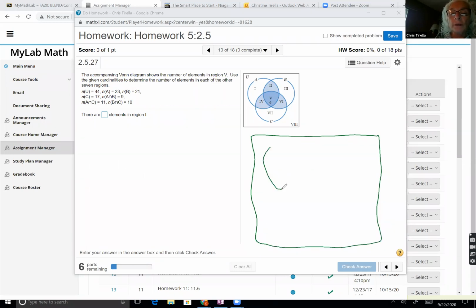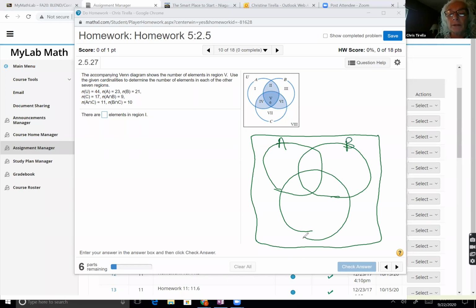I'm going to draw it a little bit bigger because I know that I'm not going to be able to fit it in that given Venn diagram. This is A, this is B, this is C. We start knowing that this region has 6. That's the intersection of all 3. We know that B intersects C, the overlap of B and C has 10. There's 6 in there already, so we need to add 4 more. A intersects C, this region has 11.